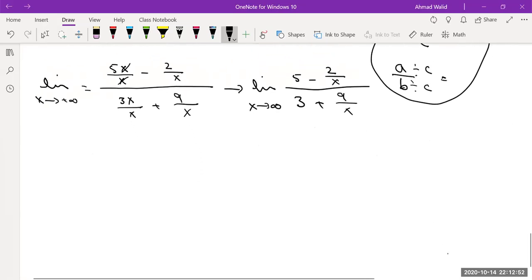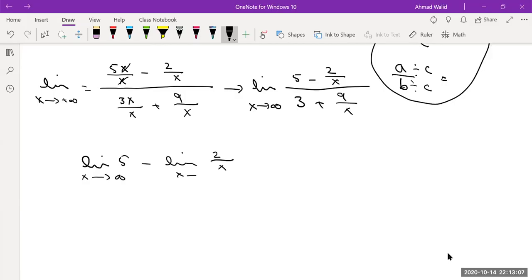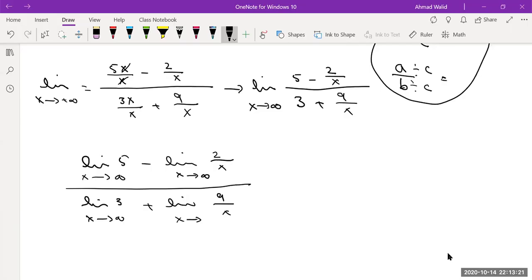Now, based on the rules of the limit, can I write this as the limit of 5 as x approaching positive infinity minus the limit of 2 over x as x approaching infinity, over the limit of 3 as x approaching infinity plus the limit of 9 over x as x approaching infinity?